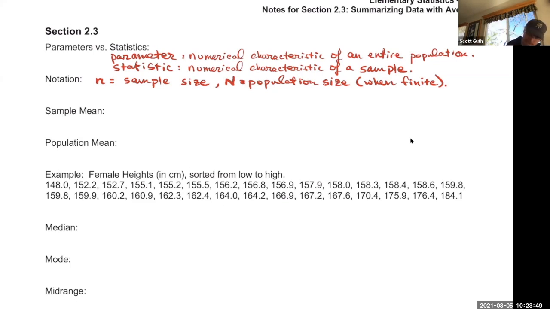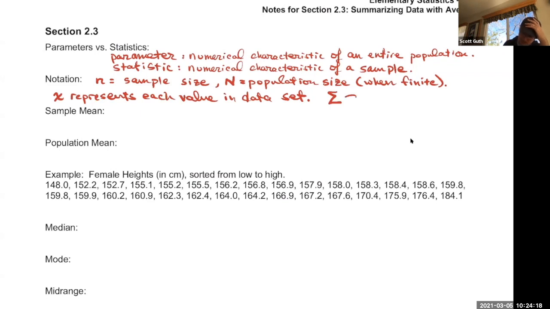Okay, X represents each value in the data set. When we do this Greek letter here, that's a Greek capital sigma.